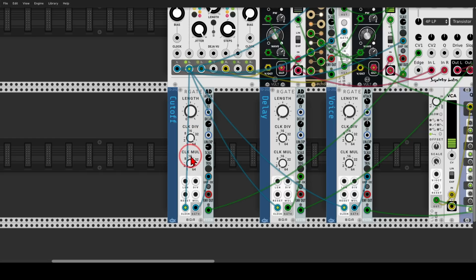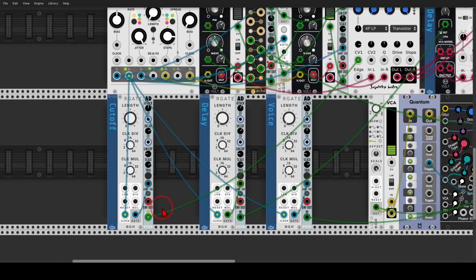And again, this is dividing this jumpy random trigger or clock from Marbles. And now this division of 55 is triggering an AD envelope set with a nice attack and decay. And this envelope will, just like it did now, open the cutoff of the filter.